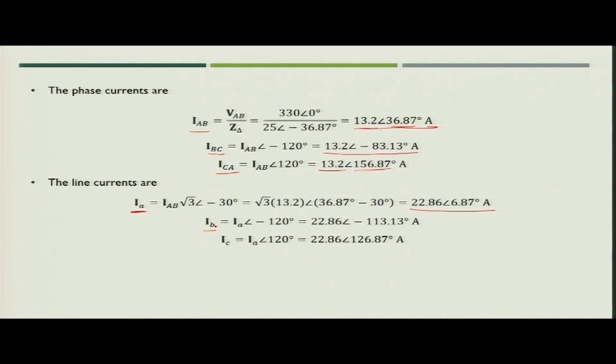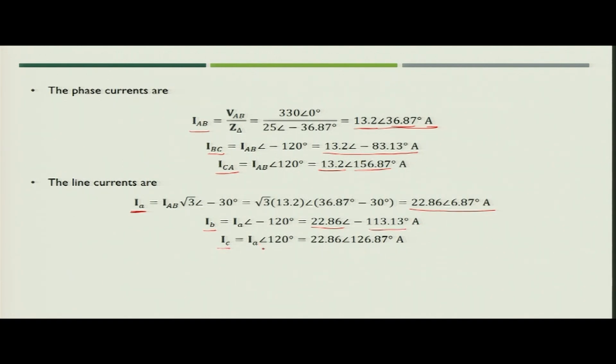Similarly, IB will be IA angle minus 120 degree, because the line current IB is lagging line current IA by 120 degree. You just put the value of current IA and subtract 120 degree from the angle of IA. If you do it, you will get the value of IB as 22.86 angle minus 113.13 degree ampere.